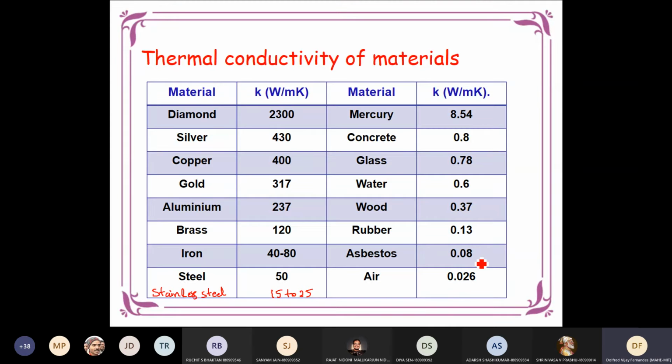And asbestos, which was usually used, but nowadays its use in insulating material has reduced. Rubber 0.13 watt per meter Kelvin. This table will give you some understanding of which material conducts better and which does not.